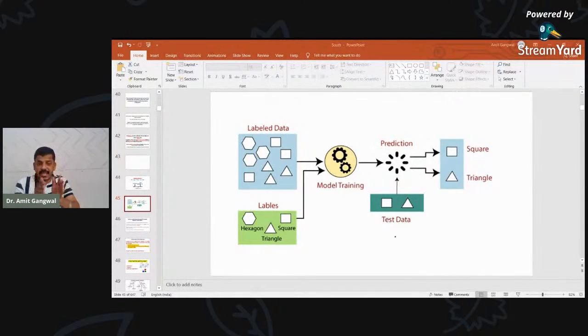In this case, you should show various types of squares to the machine learning model during training. What does that mean? You should show different sizes of the square. Suppose you are giving 100 images of the same square.